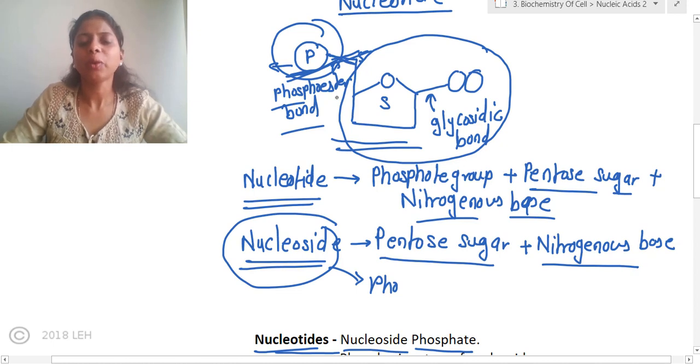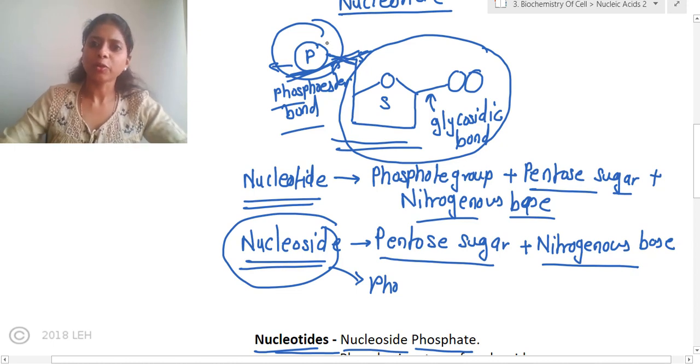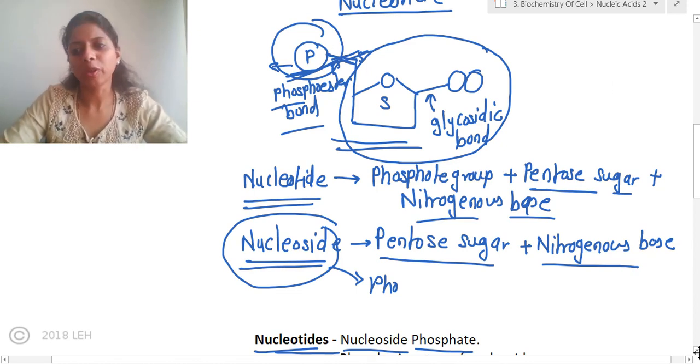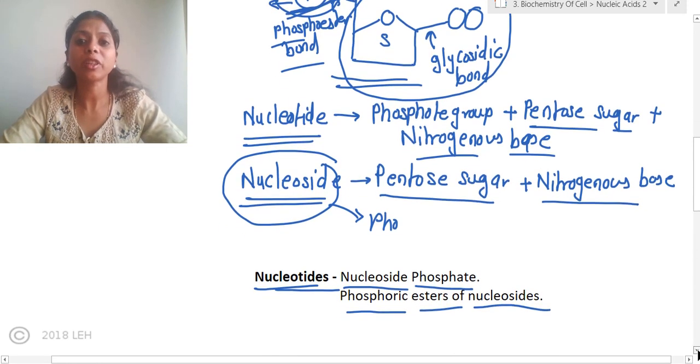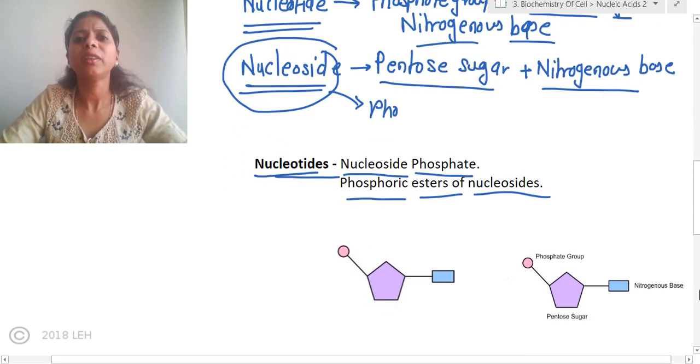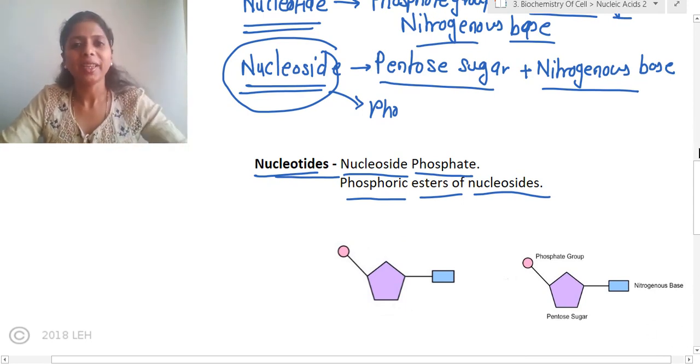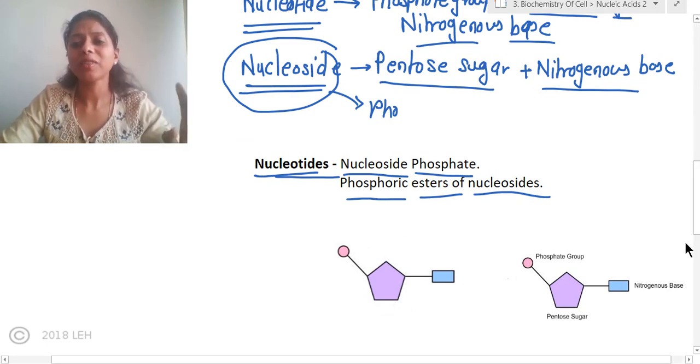That's why nucleotides are called phosphoric esters of nucleosides. So remember, this kind of terms are extremely important for your entrance examination. Clear about nucleosides, nucleotides? Remember it properly because it is extremely important from the entrance point of view. Okay? Clear about it?